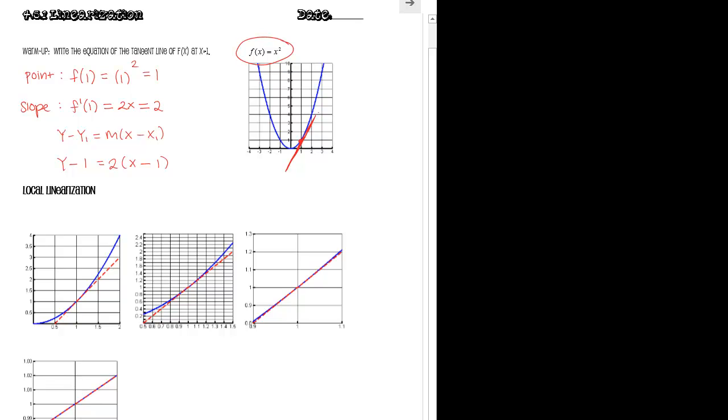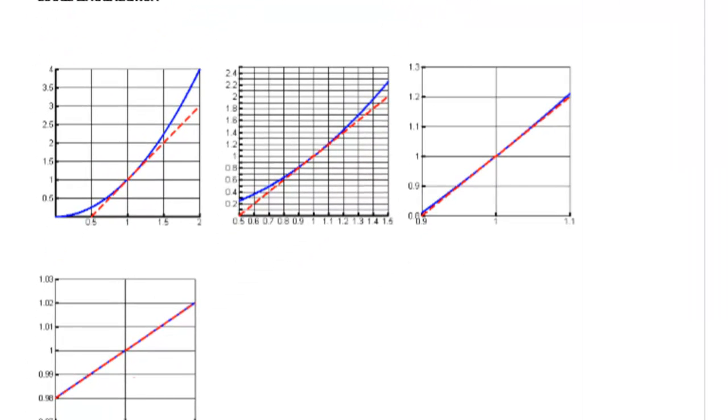So the tangent line then is very similar to the concept of local linearization. If you look at the 4 graphs that are down here, they're actually all of the same one graph that I showed you above, x squared. And the difference between the 4 graphs is I essentially am zooming in on the point 1, 1.